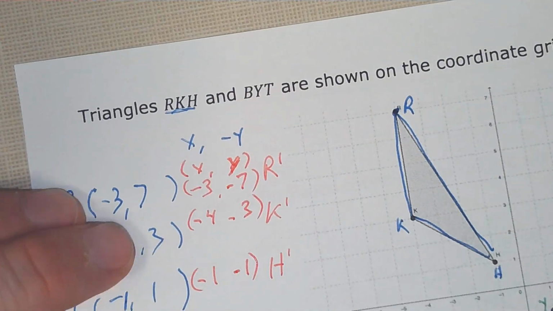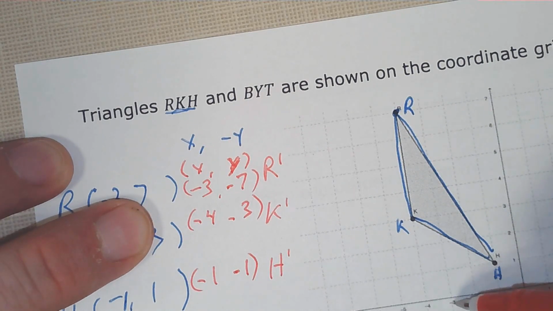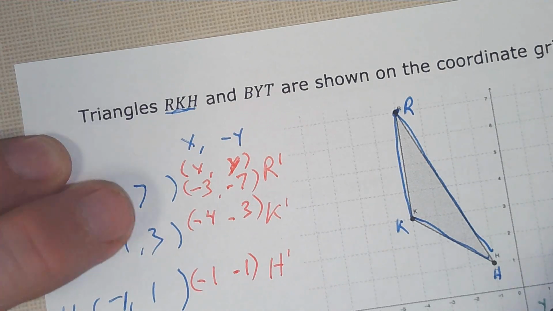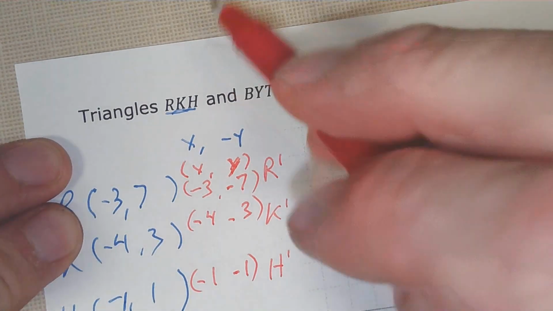So let's go ahead and plot R prime. So -3 and then -7. This is R prime. We have -4, -3. It says K prime, wait, -4. What did I count? I counted wrong.